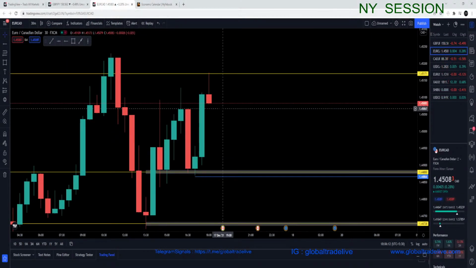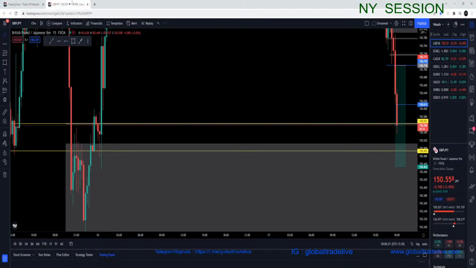So this is my last trade for today. I'm not gonna trade after this because this is the last trading day for me of the year. I have closed everything at 15 pips.